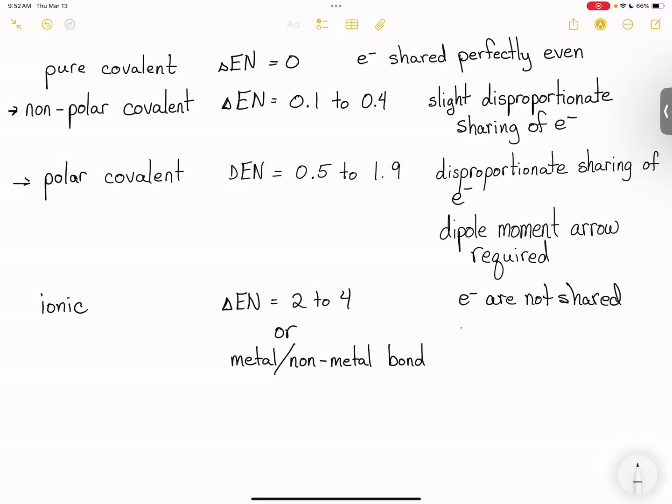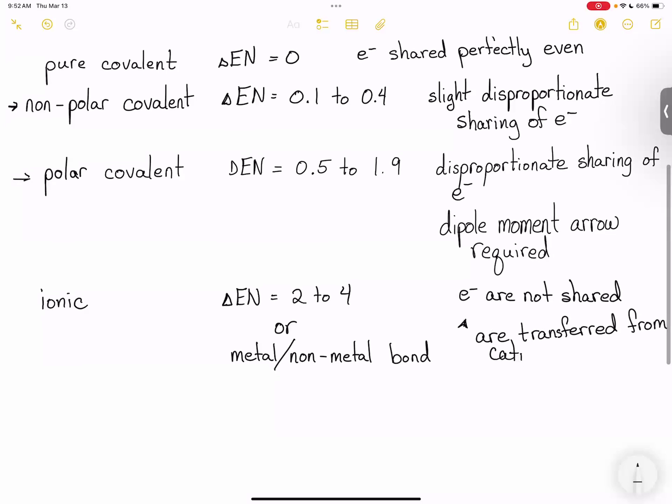It means that the electrons are transferred from the cation to the anion. And you might see ionic on ACTIVE.